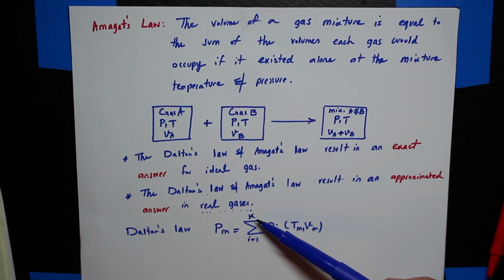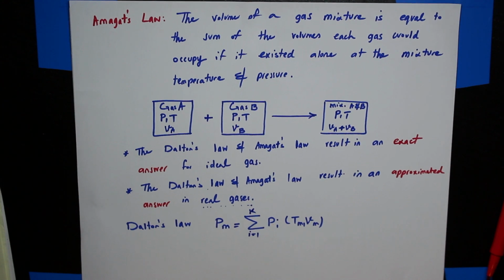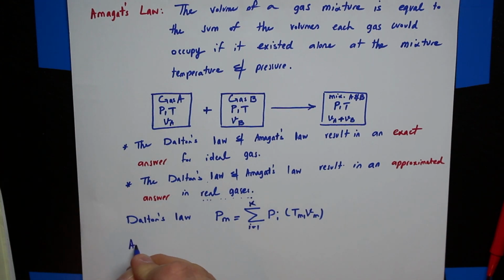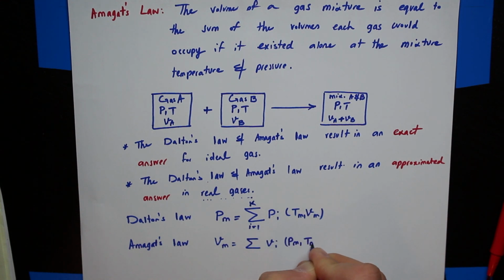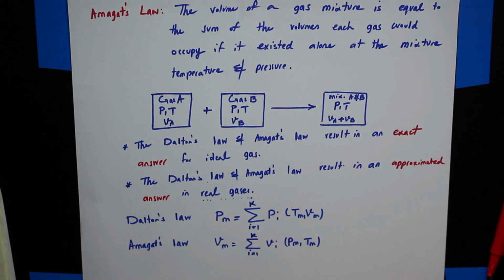Now k can be 2, can be 3, all the way up depending on the number of components. Likewise, Amagat's law says that the volume of the mixture is equal to the sum of the volume of each component at the pressure of the mixture and at the temperature of the mixture, where i goes from 1 to the kth component.